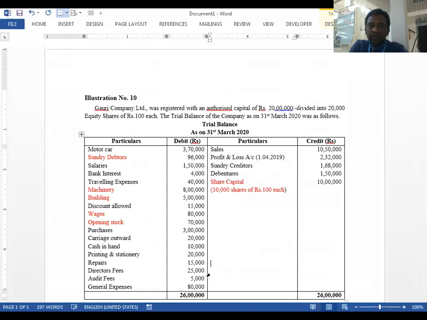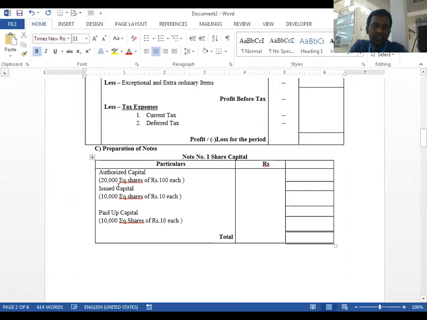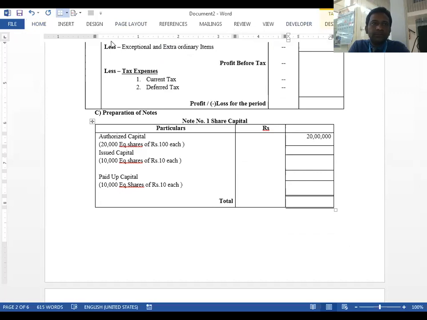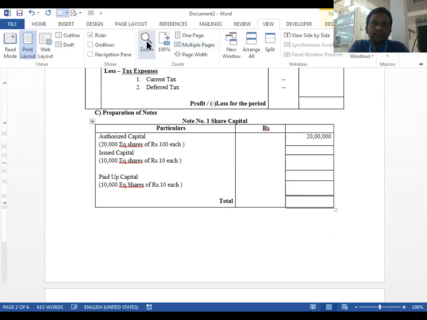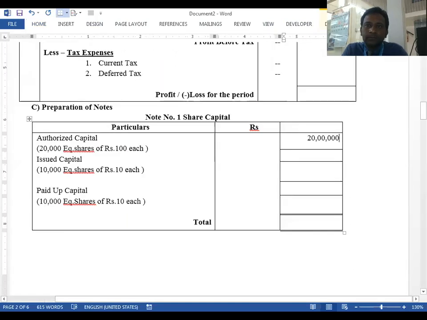So we write in note number one, that is share capital. Note number one, share capital, authorized capital, 20,000 equity shares of rupees 100 each, that is 20 lakhs. 20 lakhs is the authorized capital.